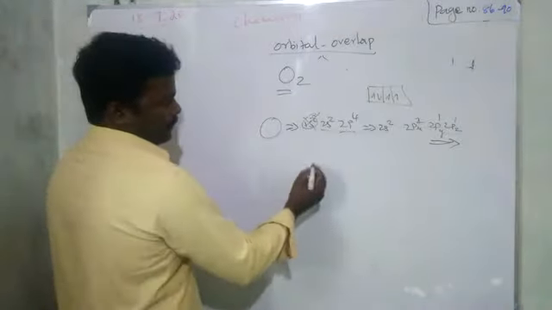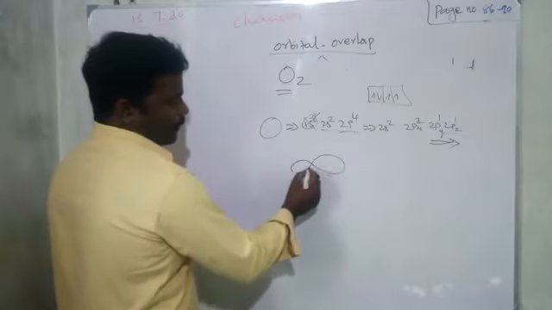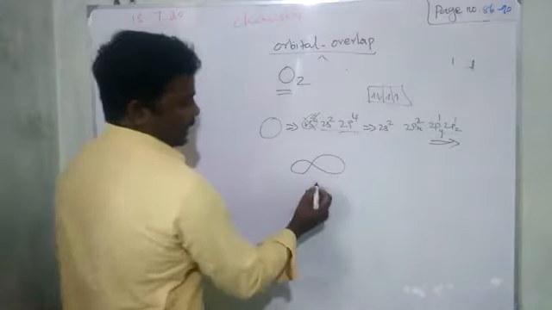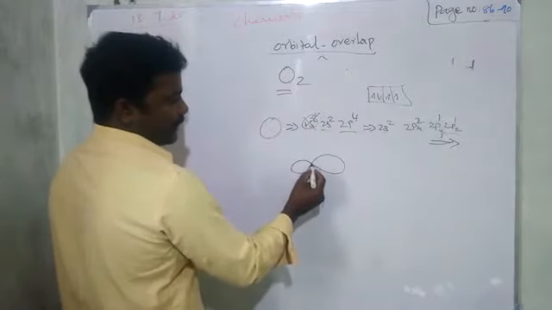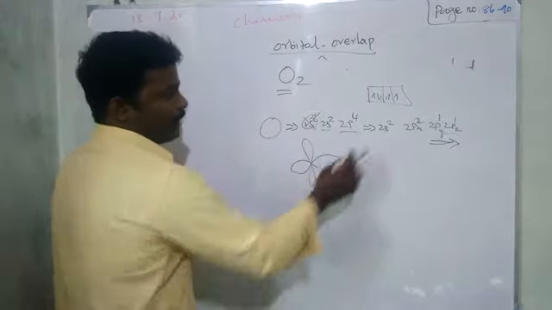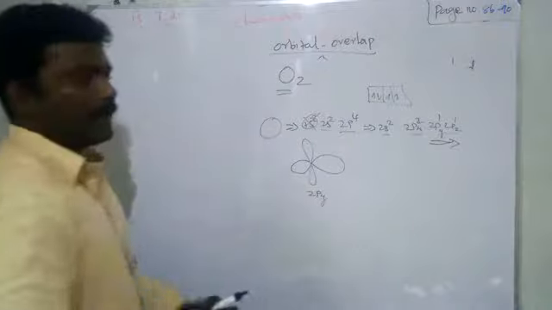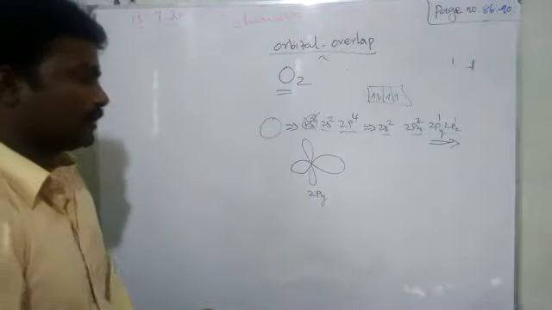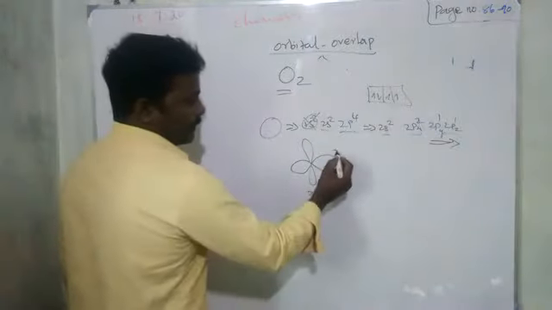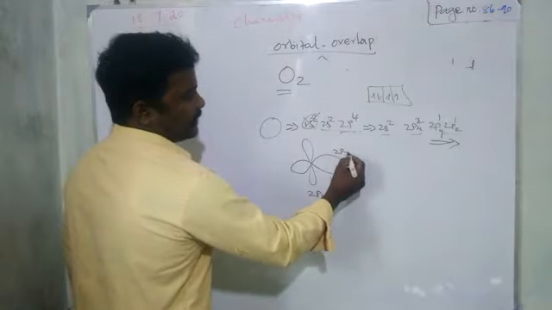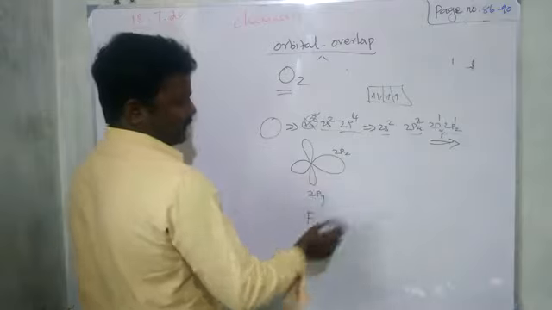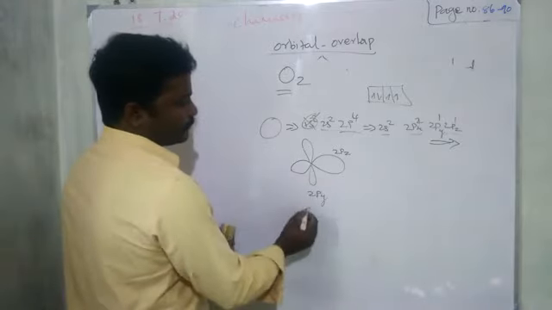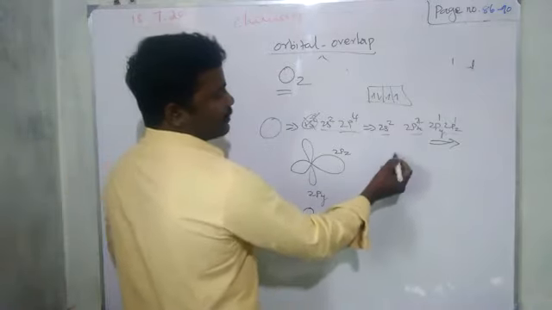Then 2py, 2pz also there. 2px and 2s are completely filled, so we need not touch them. So 2py, we can write 2pz. Now this is for the first oxygen, then the next oxygen is also the same type.